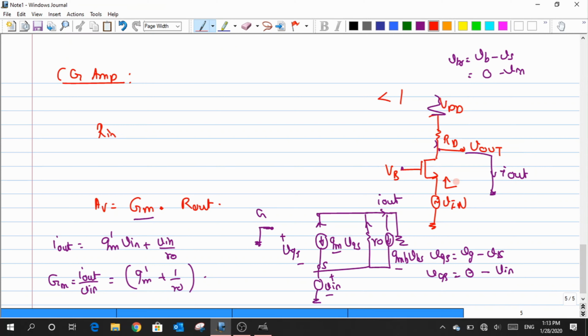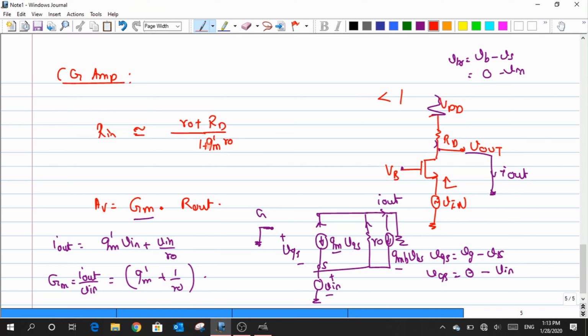We'll begin with it and try to reduce that formula. We will not derive it here because we have already done this. I know that approximately the drain resistance would be reduced by a factor of GM prime R naught, and then there is something like 1 plus at the beginning of this GM prime R naught. Also, it is not only the drain resistance that gets reduced, but the R naught also gets reduced. So I have something like R naught plus RD divided by this entire 1 plus GM prime R naught.